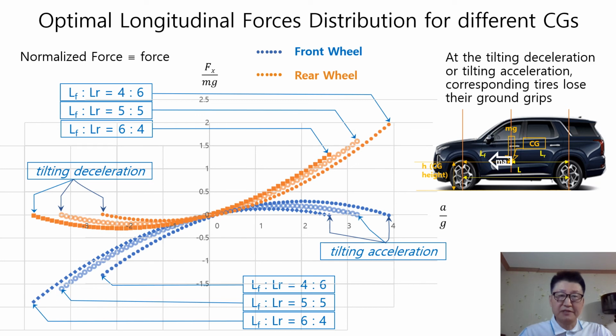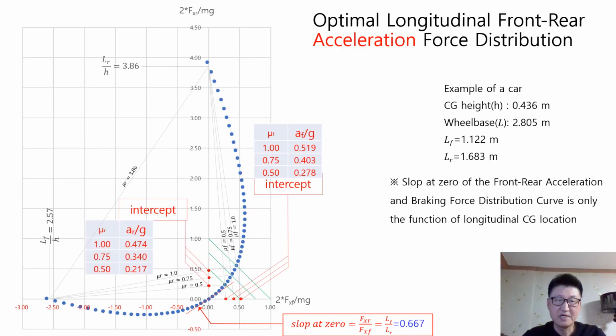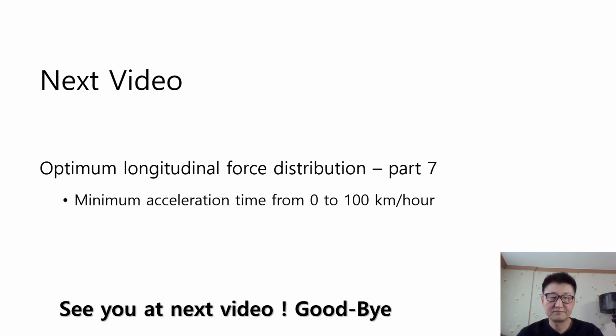And you can find the explanation on the variation of optimal longitudinal forces distribution for different CGs. I recently explained the optimal longitudinal front-rear acceleration and the braking force distribution together with the constant friction lines.